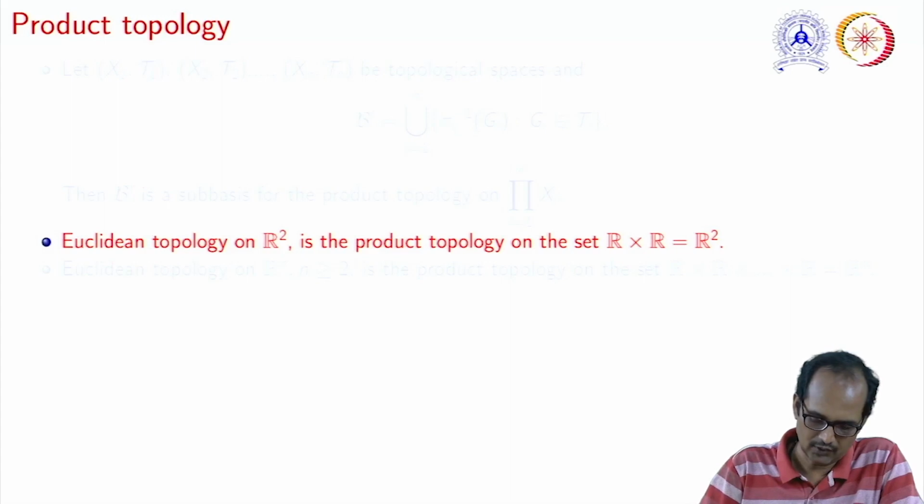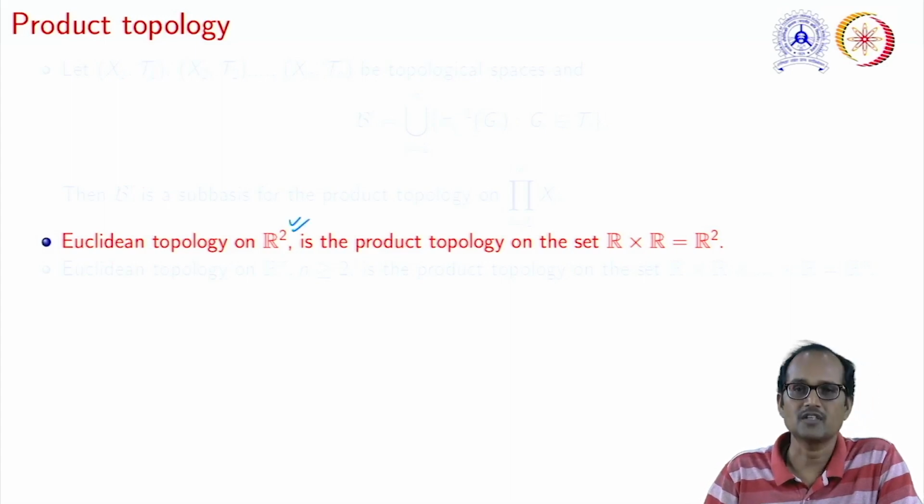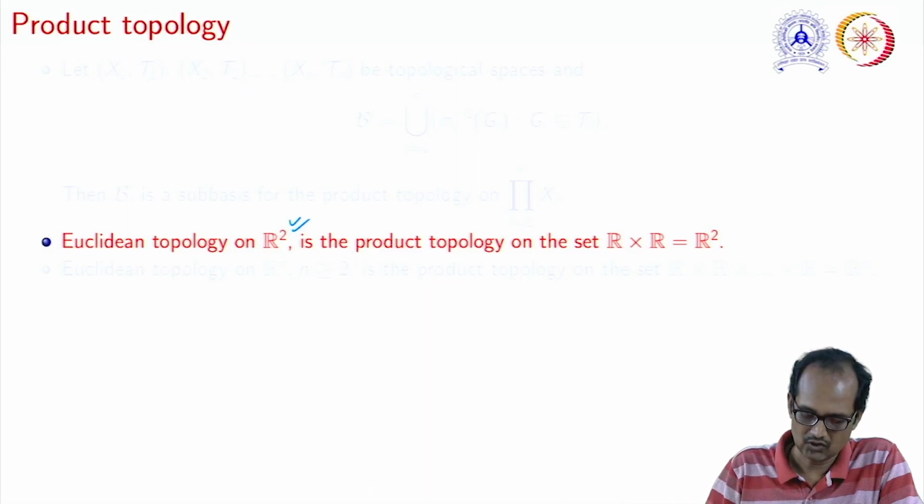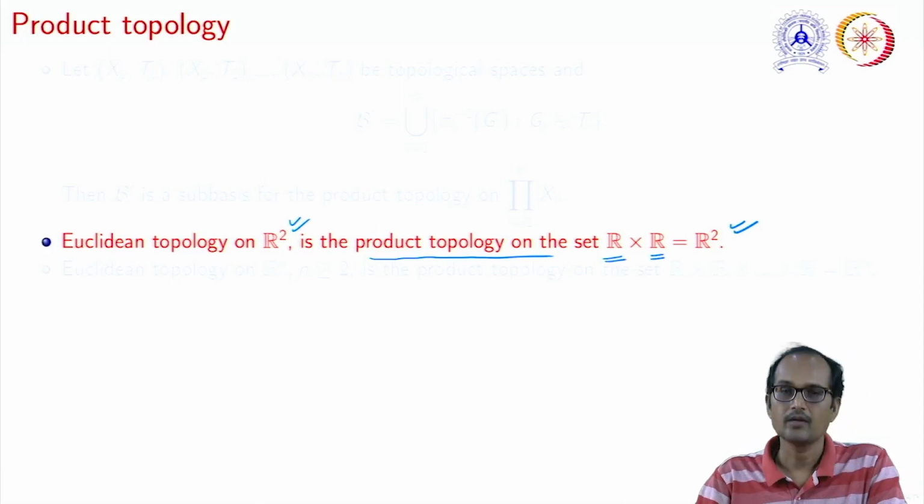It can be seen that the Euclidean topology on R2 is the same as the product topology on the set R cross R, that is R2, because the collection of open rectangles is a basis for the Euclidean topology on R2, and when we are using the concept of product topology on R2, again the collection of open rectangles is a basis for the product topology on R2.